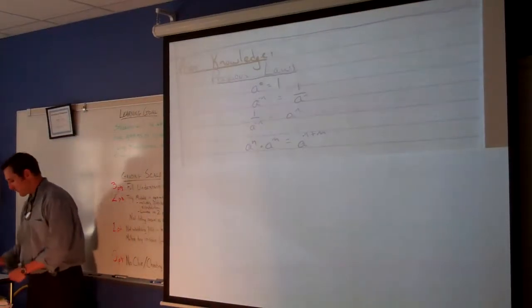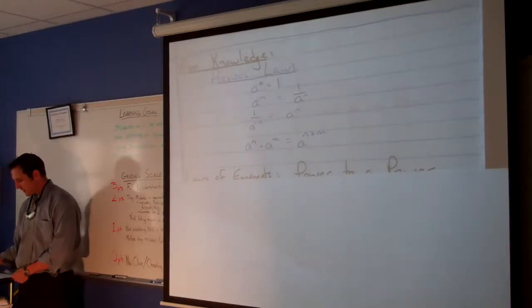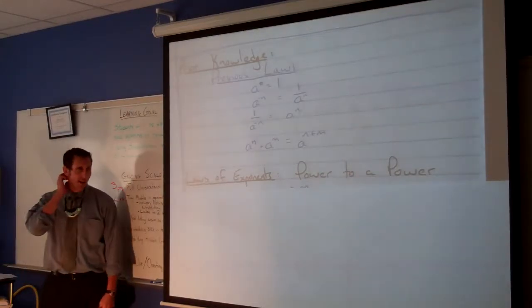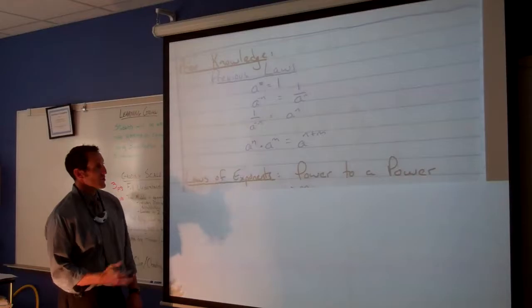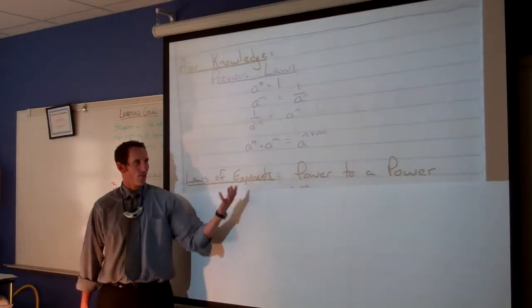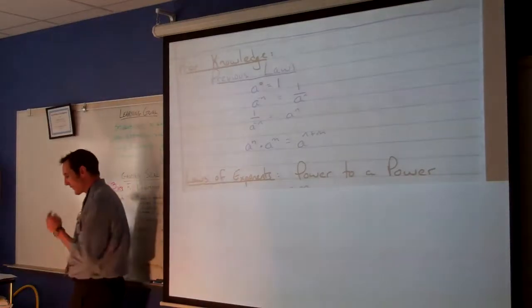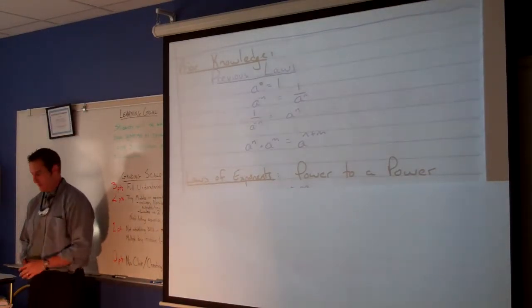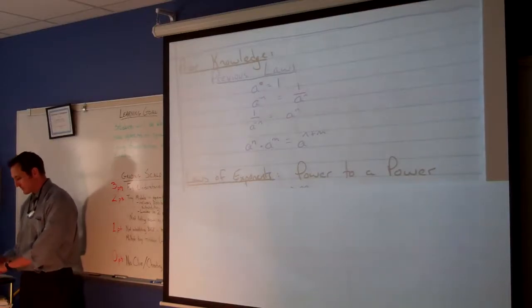And so now we're going to move on to the newest law. All that is what we need for prior knowledge. Does it ever occur that we raise a power to a power? The answer is yes, that happens quite frequently. You just have to know how to deal with it.